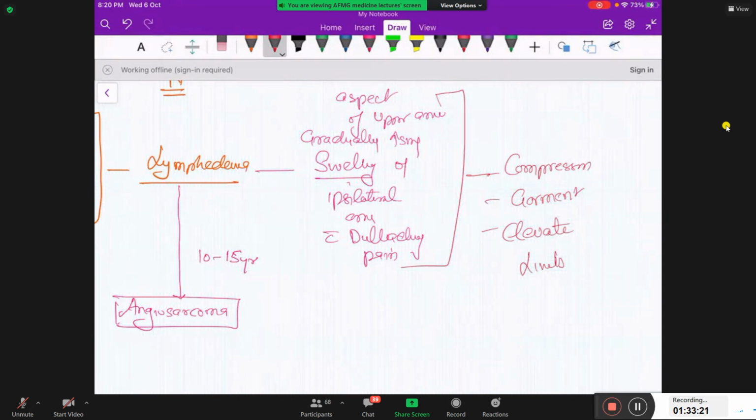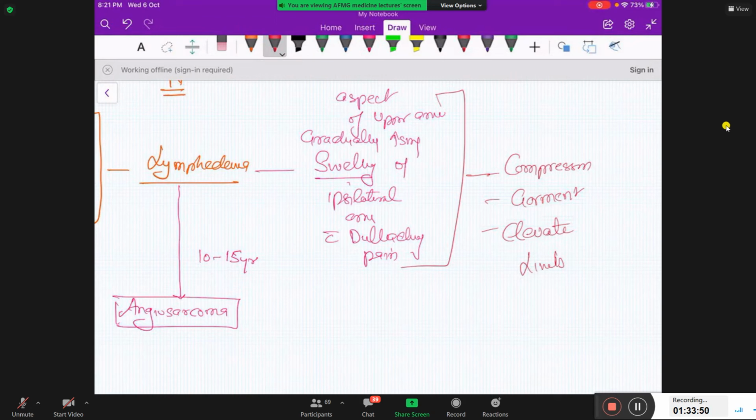Another very important point is, in any patient who has undergone MRM, because as an intern, you will be doing all this. You will be told, go and put a cannula in that patient. The patient has had an MRM done on the right side. You are an intern working in the hospital, and your senior resident tells you to put a cannula.